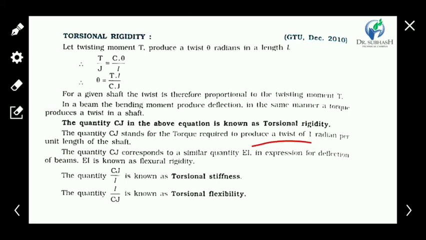The torque required to produce a twist of one radian per unit length is called the torsional rigidity, and it is defined as CJ. Similarly, the quantity EI appears in the expression for deflection of a beam.